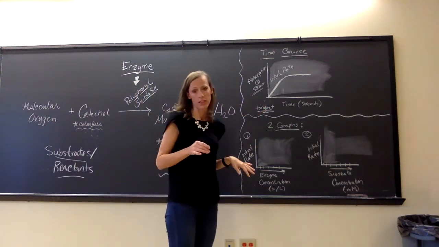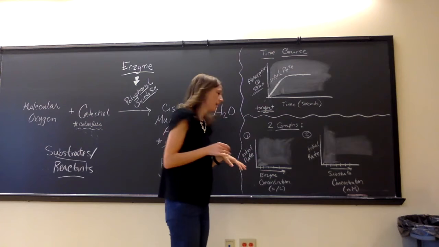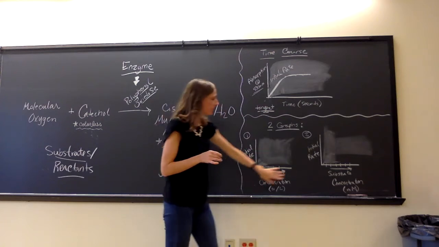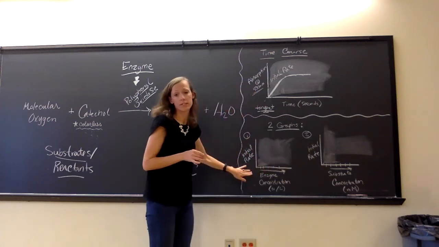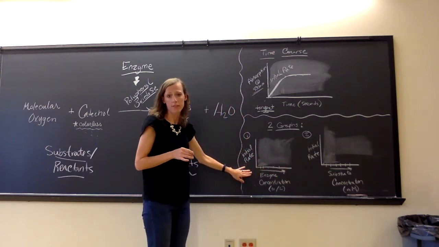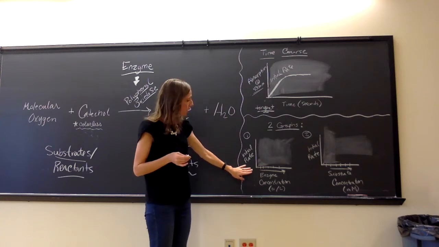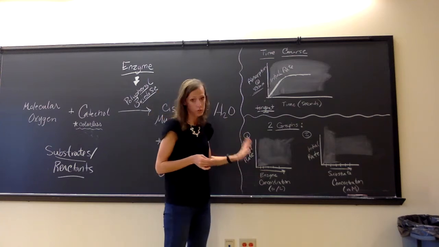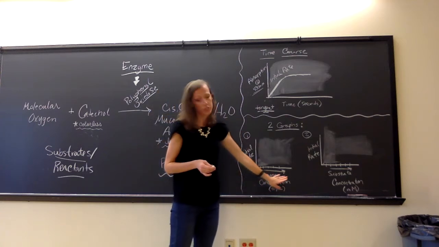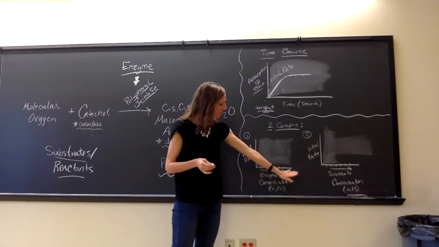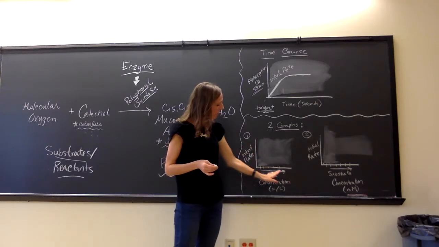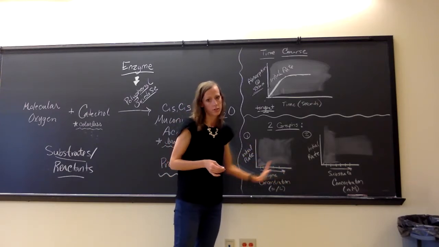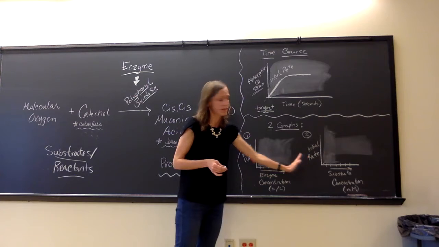So by the end of the lab, what you should get is two sets of data, okay, which you can graph in two different graphs, where you have, for the first one, varying concentrations of enzyme on your x-axis. As you add more enzyme, you will progress further on the x-axis.